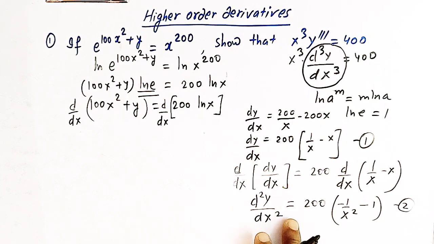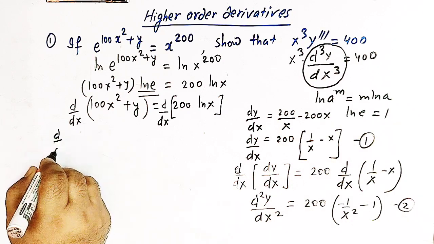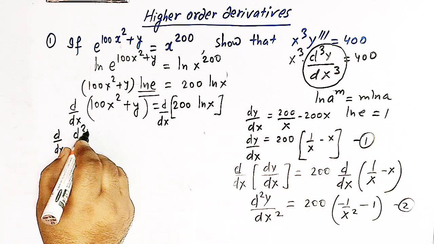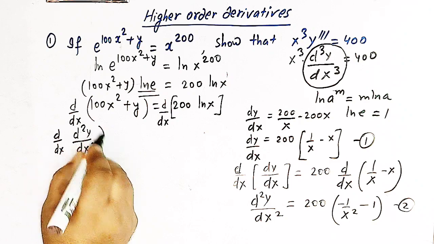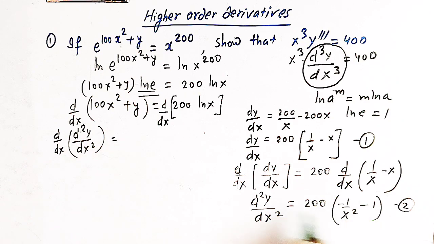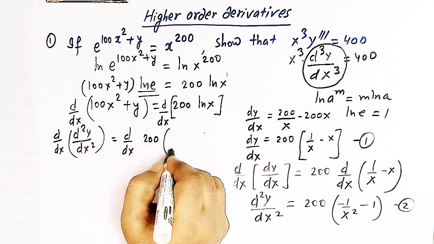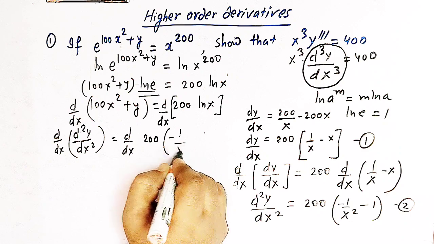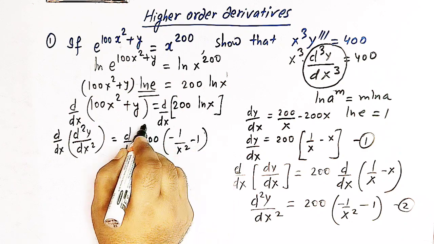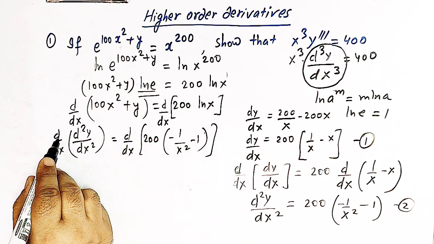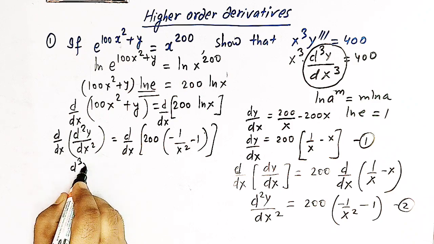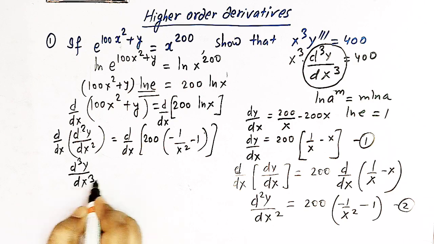Now let us differentiate both sides to get the third derivative. So we have d by dx of d2y over dx2, and here we have d by dx of 200 times minus 1 over x square minus 1. So this becomes d3y over dx3, that is the third order derivative.